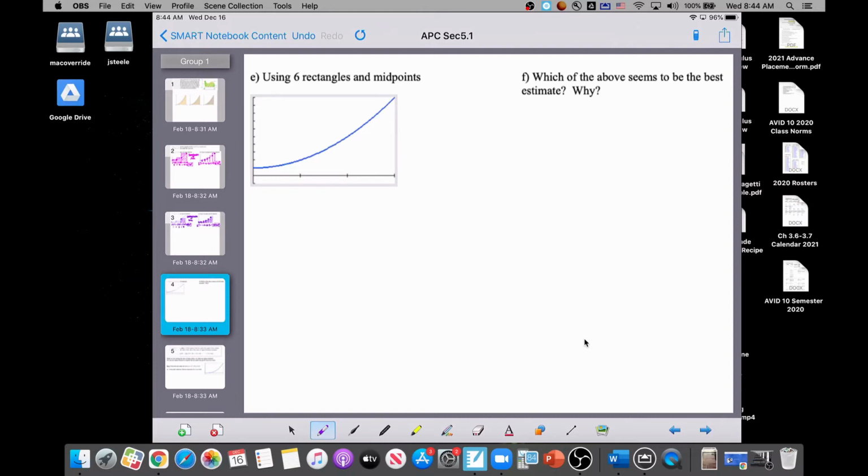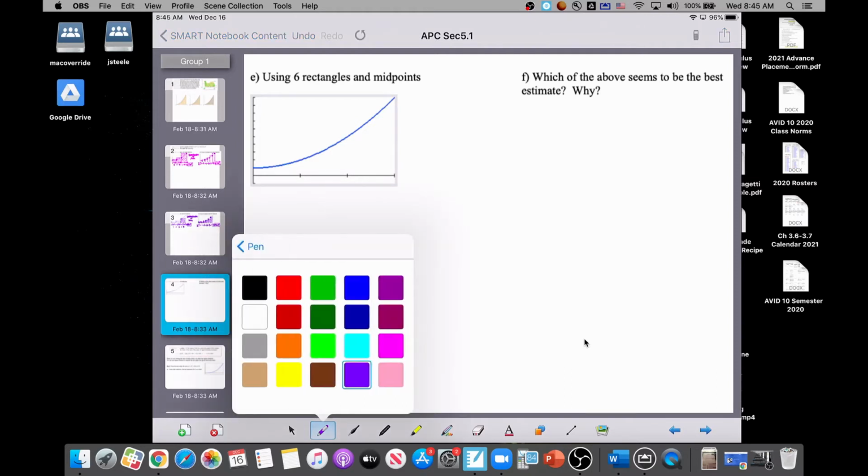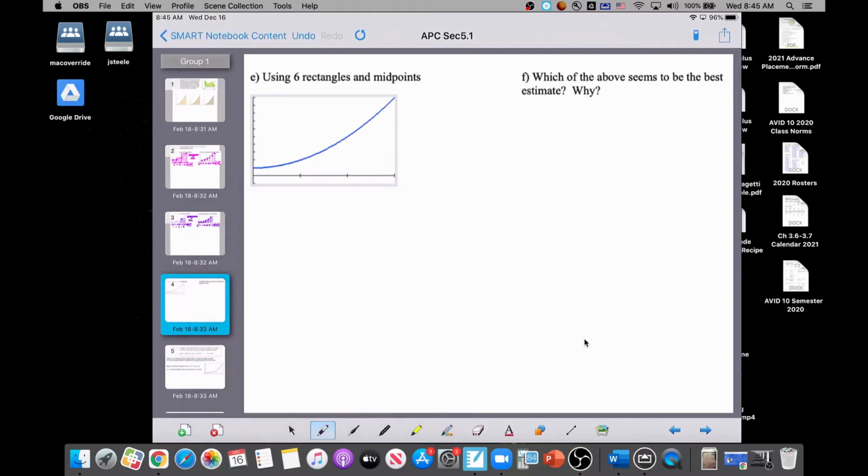So what do midpoints look like? If I were to divide my x-axis up into 6 pieces, so I'm going to do midpoint rectangles with 6 rectangles, then those are my 6 bases there along the x-axis.